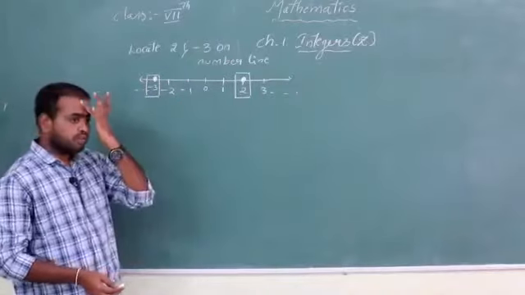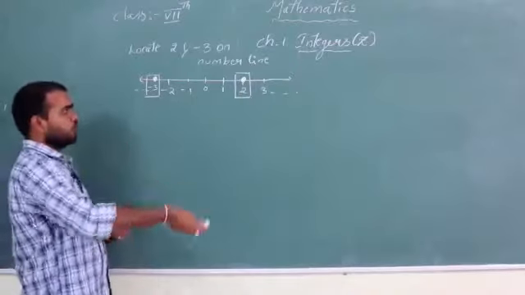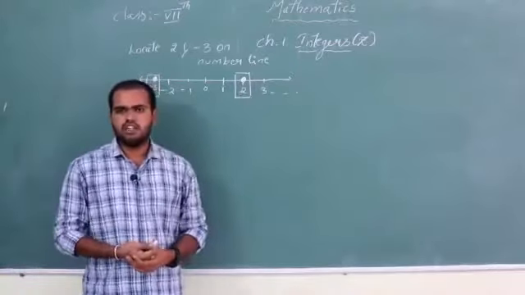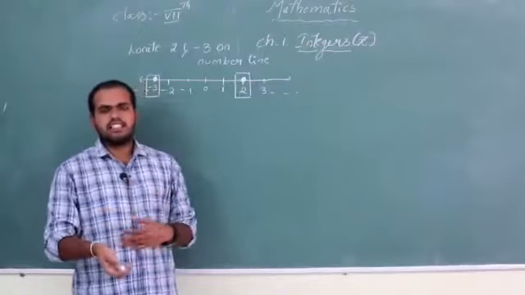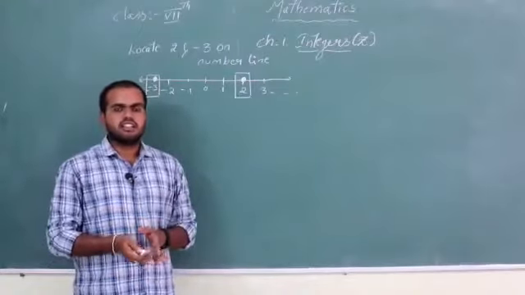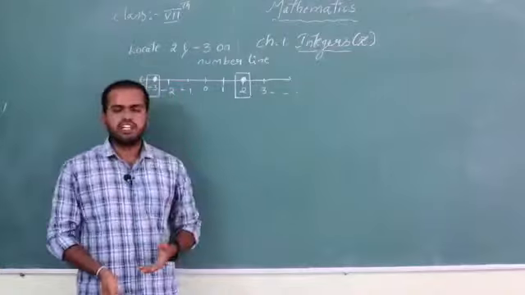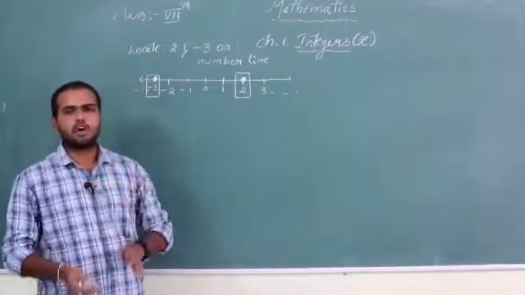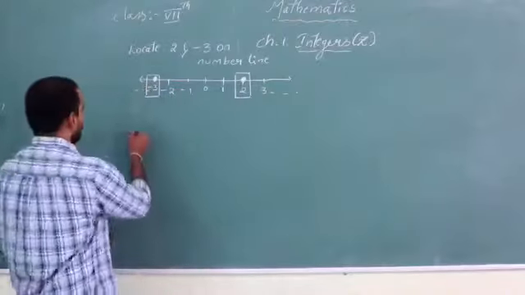Okay, so now how to do the operations on the number line. In the next class we will discuss exercise 1.1. But before that I am just explaining the operations of integers.